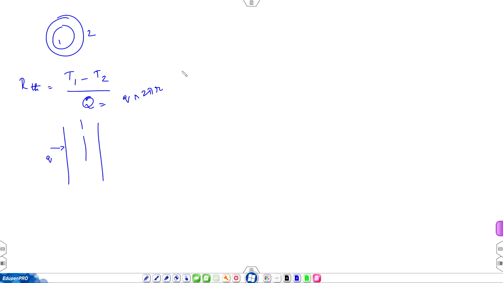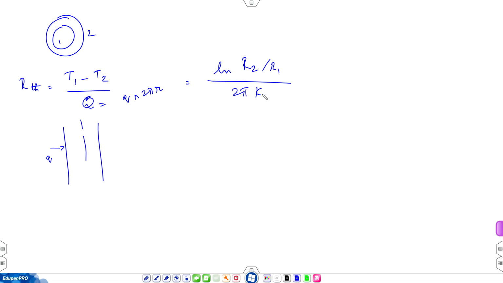Based on that solution, this turns out to be log r2 over r1 divided by 2 pi k. So, the thermal resistance for the annular geometry involves the radius ratio, mainly because the heat flux crossing a plane, as you go from, let us say you heat from within, by the time you come out, the heat flux would have reduced, right.